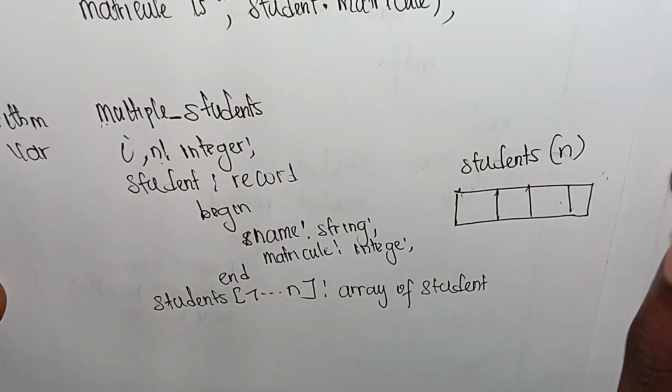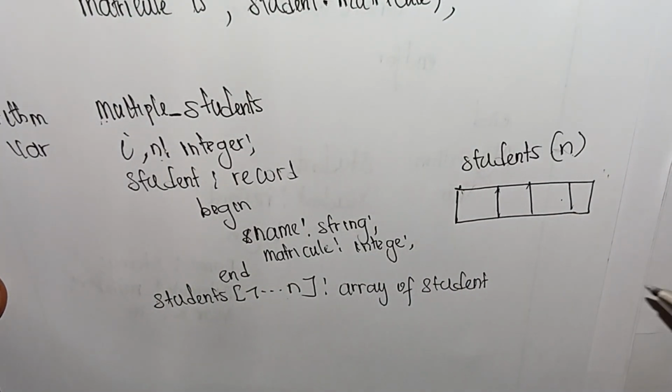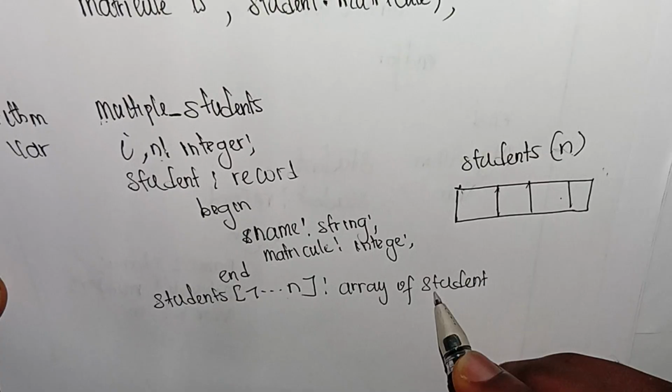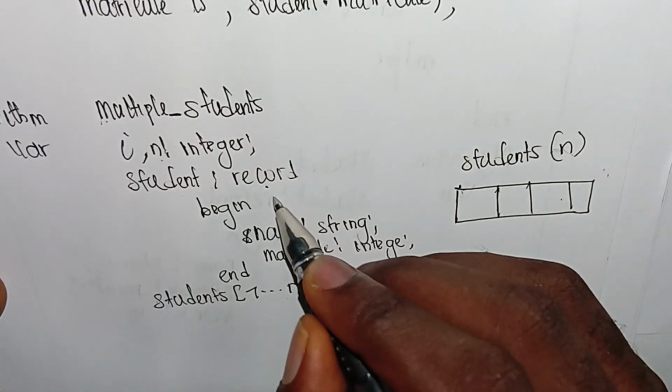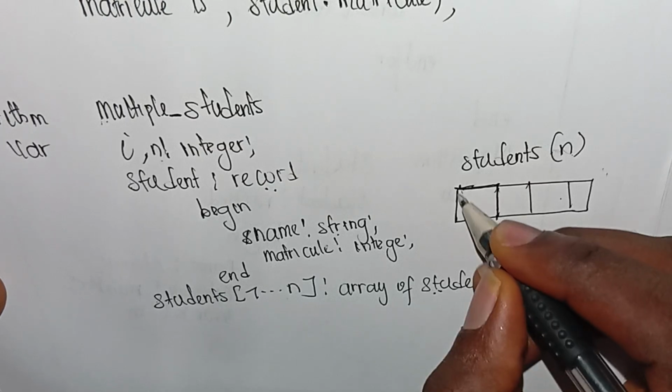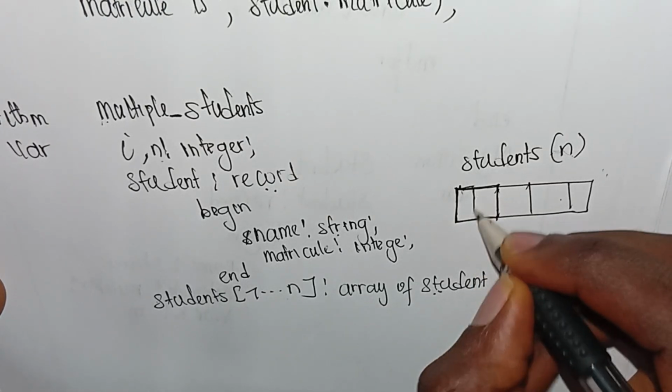I don't know the exact amount, but well, I drew 4. Well, we decided it would be 3. So when you say an array of students and a student is a record and this record has 2 fields, it means in this array each element should be separated into 2.